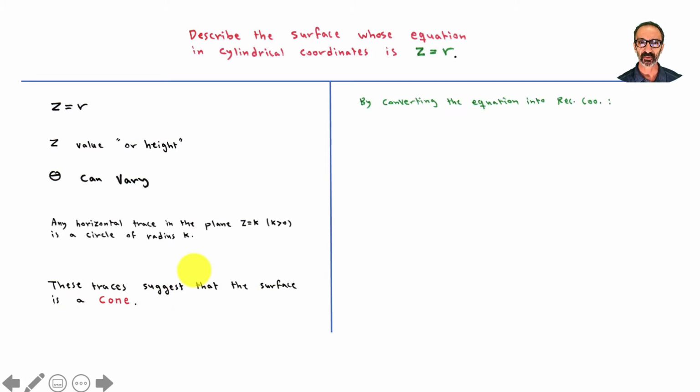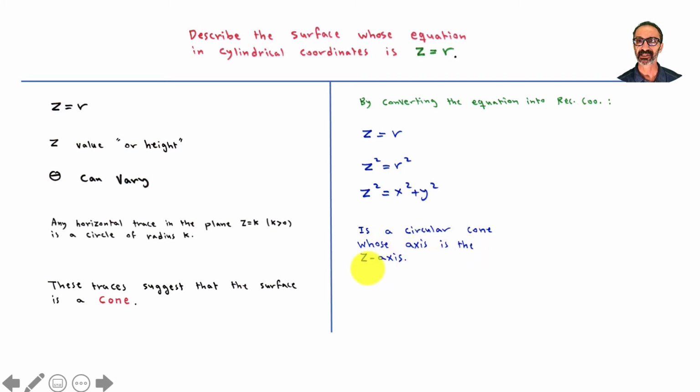By converting the equation into rectangular coordinates, we could do it differently. We could talk about it in a different concept instead of just describing meanings. z equals r, z squared equals r squared, but r squared is x squared plus y squared. It is a circular cone whose axis is the z-axis.